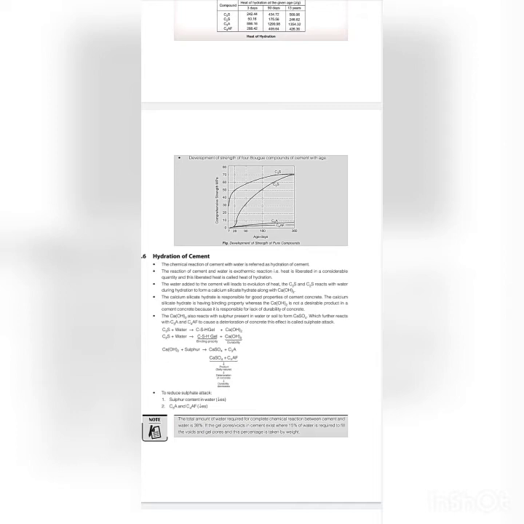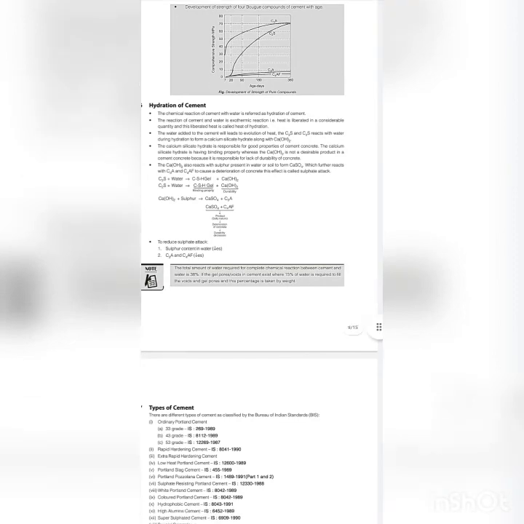The water added to the cement leads to evolution of heat. The C3S and C2S react with water during hydration to form calcium silicate hydrate along with Ca(OH)2. Reduced sulfate attack: the first and second ones are C3A and C4AF.